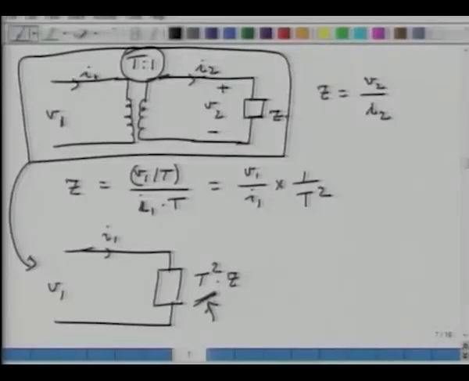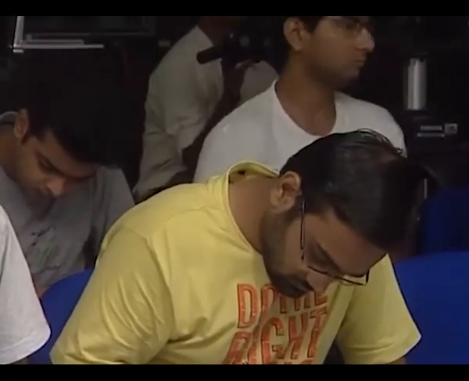Then you have a mechanical circuit and an electrical circuit, initially separated by the transformer, but you can remove that transformer, combine them into one single circuit, and change the impedance on the mechanical side by using this factor. We'll do a couple of examples of how these transformations happen.